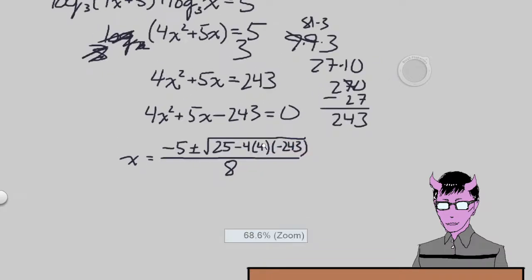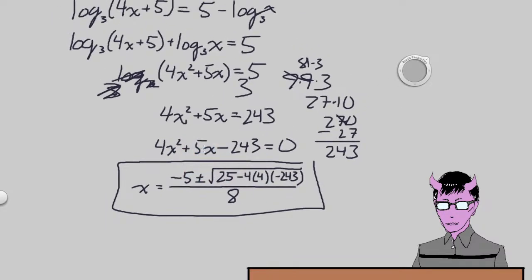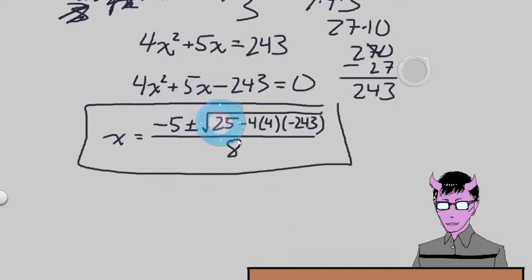Okay. Well, I don't want to fuss over this too much. That's going to be our answer, but make sure you check for extraneous solutions. So I will input this into the calculator because honestly, it's kind of annoying to deal with. So let me just resolve the square root portion first. So we have 25 plus 16 times 243.